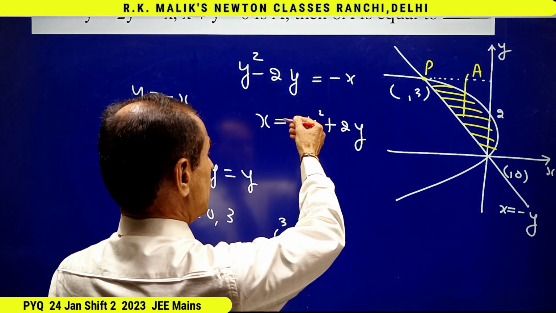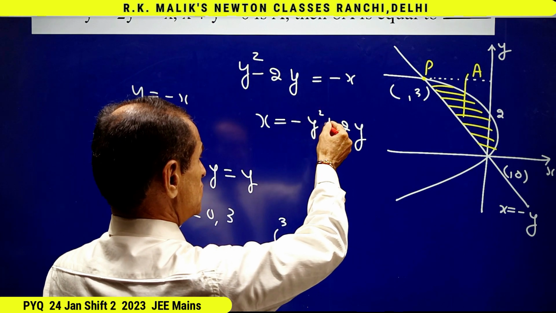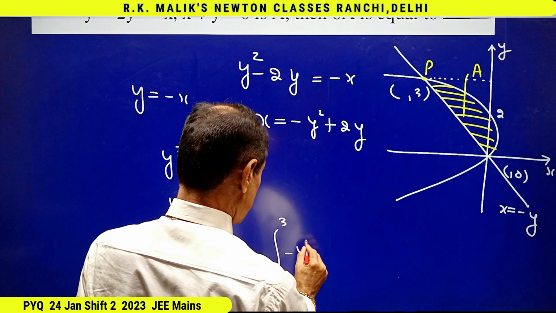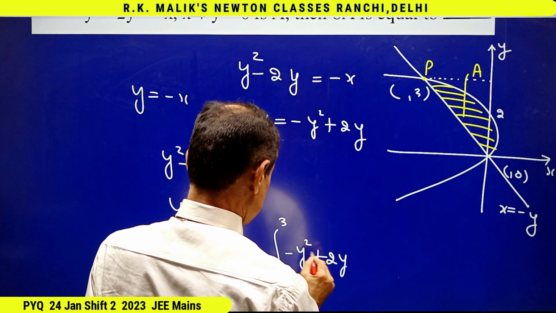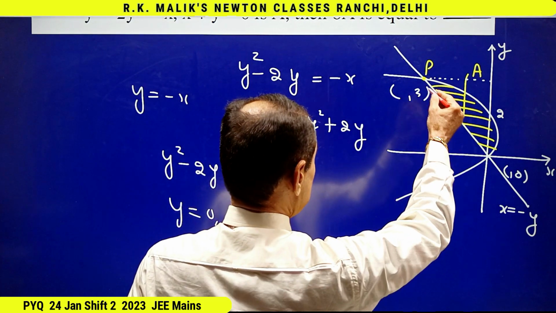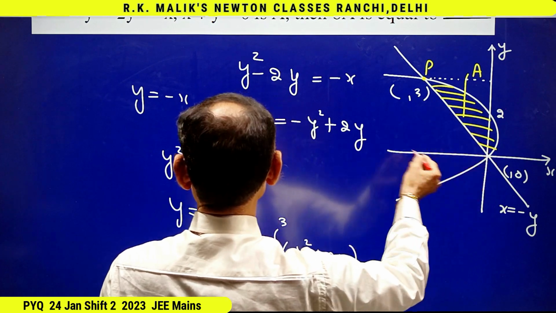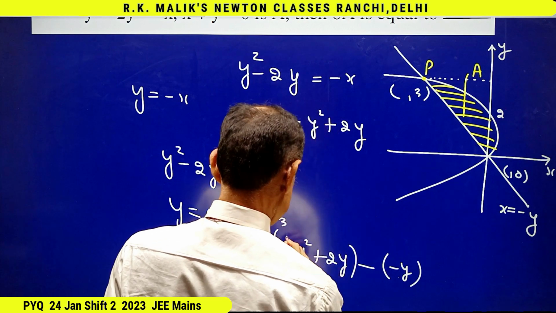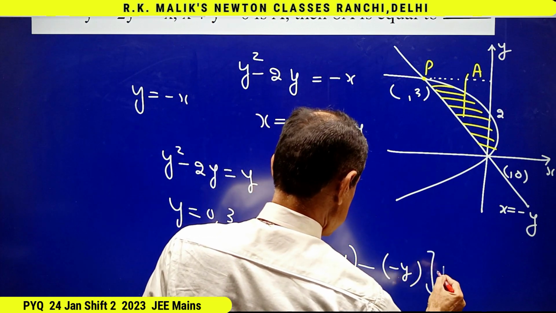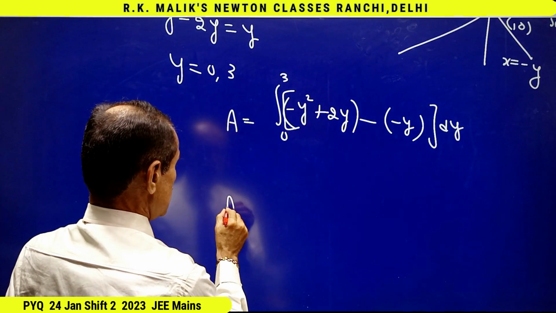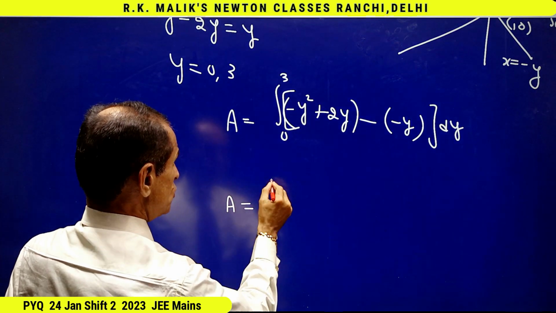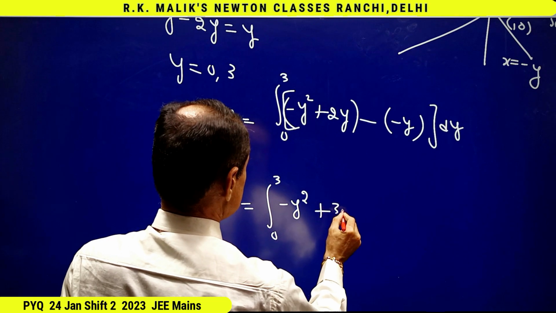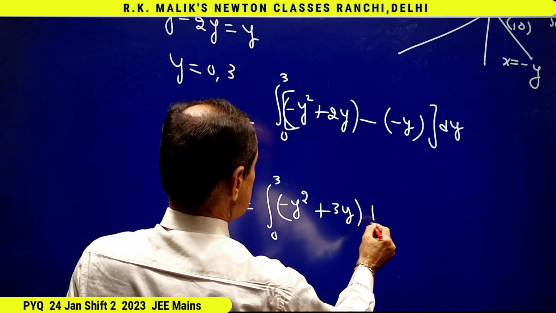The upper curve will have the equation x equal to this thing, that is the value of x in this curve will be minus y square plus 2y, and the lower curve is this, in which the value of x is minus y. It means A is equal to the integral from 0 to 3 of minus y square plus 3y dy.